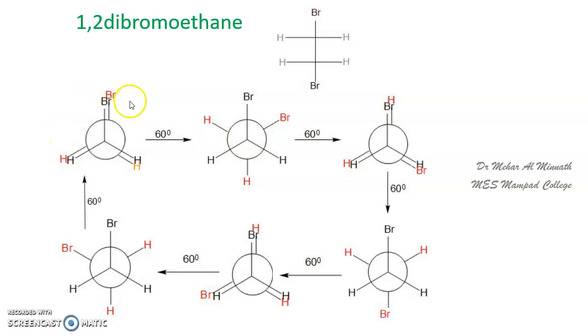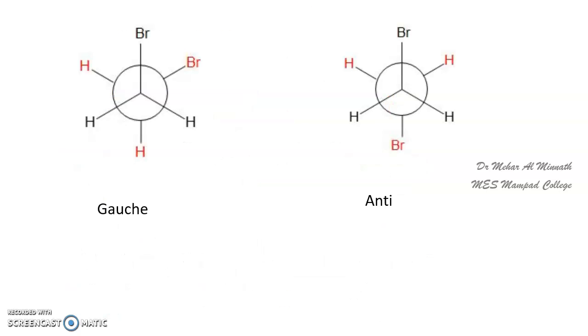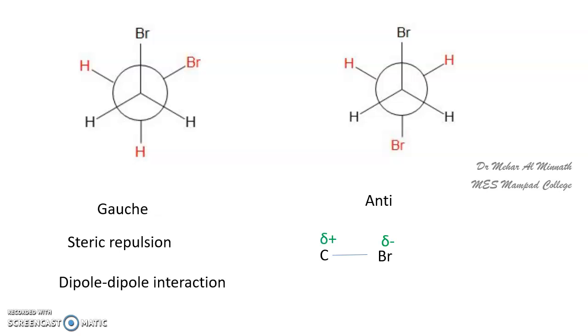So the syn conformer will be the least stable among all these conformations, and the most stable will be the anti-conformation. Gauche will be in between the syn and anti, because gauche conformation will be destabilized by steric repulsion and dipole-dipole interaction. Hope it is clear to you.